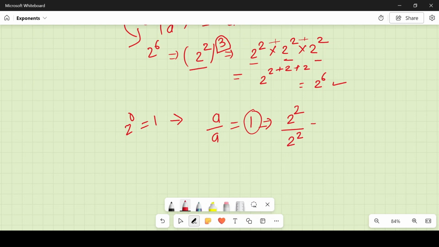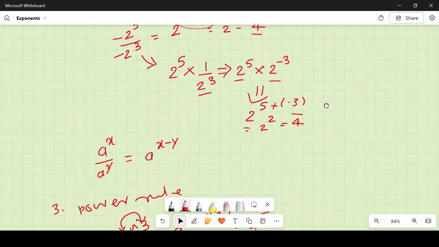Now let's apply our division rule. That is, when the base is the same, we can subtract our exponents. So our base is the same, that is 2. Now we can subtract 2 minus 2, so that would be 2 raised to 0. So now we get that 2 raised to 0 is 1. So that is our proof.